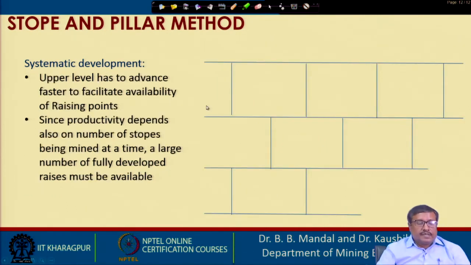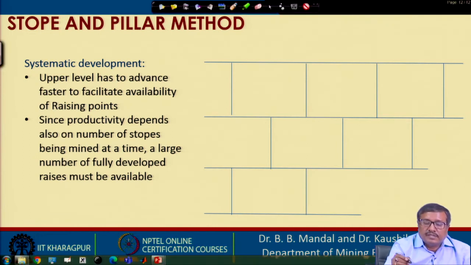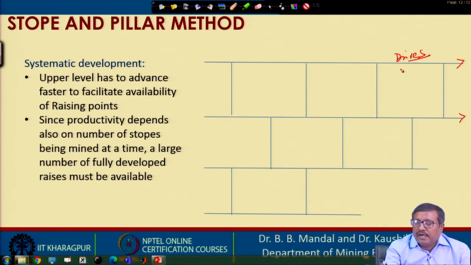Now, see, in further systematic development, the upper level has to advance much faster. This part we advance much faster, because unless these drives, this is a line diagram, move very fast, where do you make the raises?